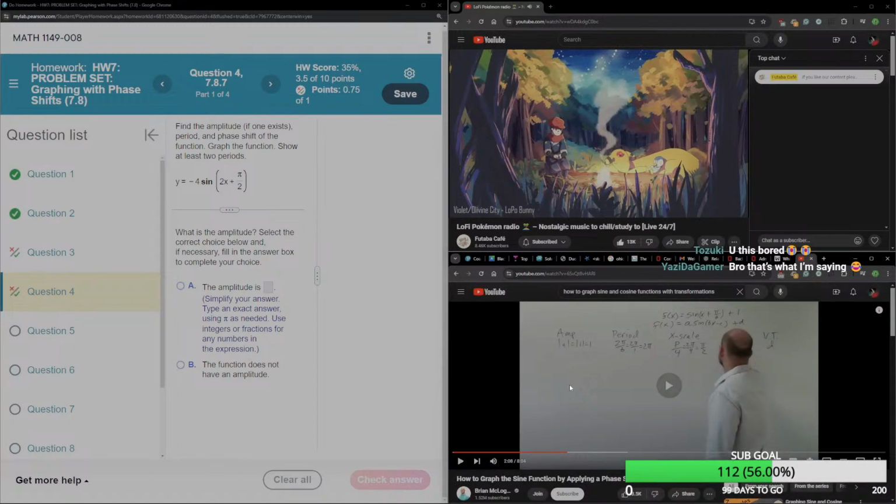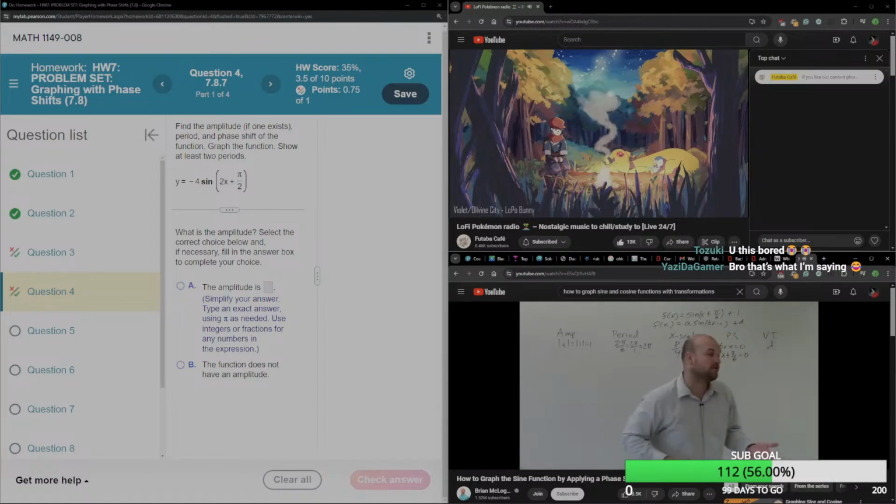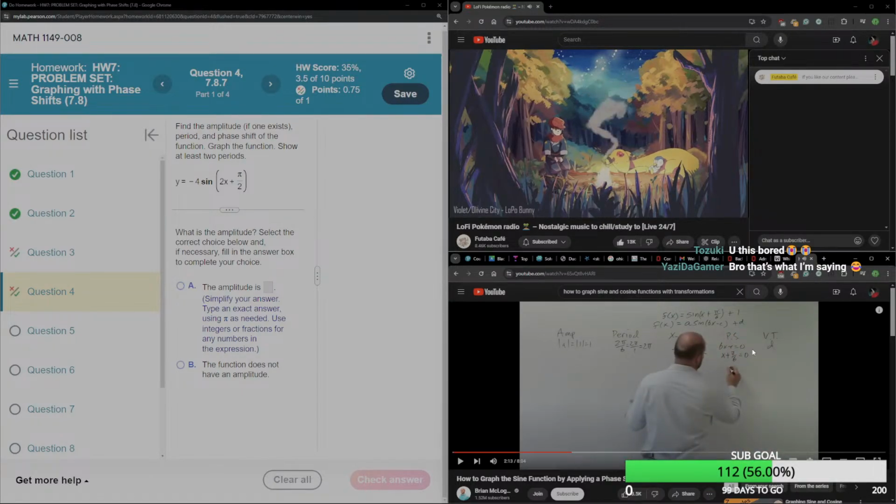Okay. x plus pi over 6 equals 0. So to solve for x, let's have phase shift as bx minus c. I need to subtract pi over 6, subtract pi over 6, x equals negative pi over 6.